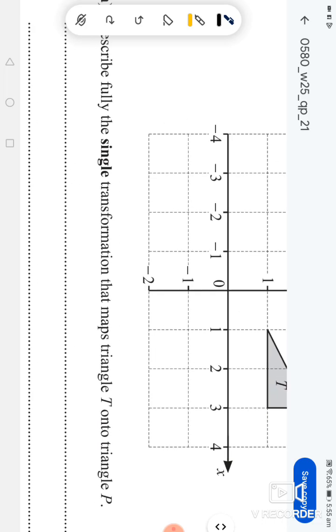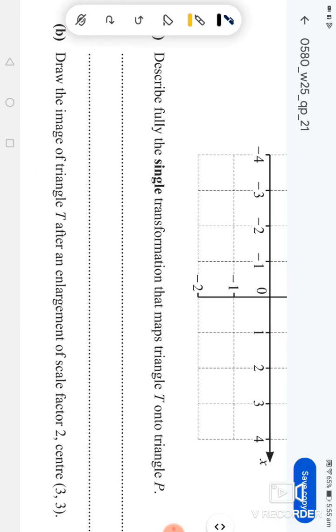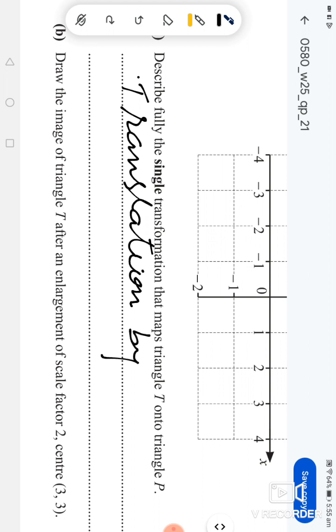So here we count 1, 2, 3: 3 to the left and 1 upward. So minus 3 and 1. So we can write the translation by minus 3, 1.